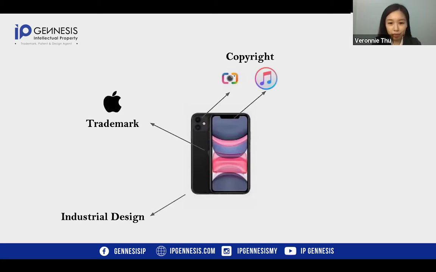This protects the appearance of the phone, the sleek and elegant design of a smartphone. And patent. Smartphone is an invention because it has new technical features like the touch screen function or the thumbprint function when back then Nokia phones did not have. So a product or service can have multiple IP rights. So let me share the types of IP rights one by one.